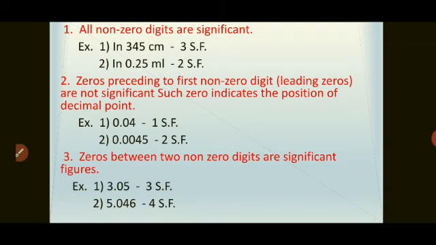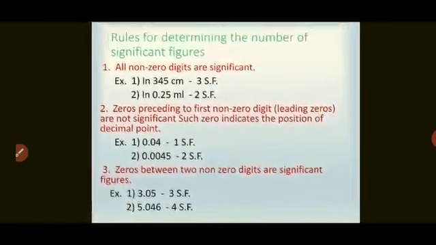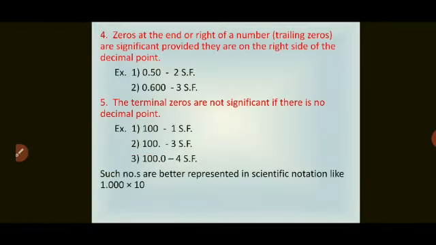Now, if these zeros are in between two non-zero digits, what happens? They all are considered as significant. For example, in 3.05, how many significant figures are there? 3. In 5.046, how many? 4. So, these are the rules. Now, continuing the rule, next rule is zeros at the end or right of a number.